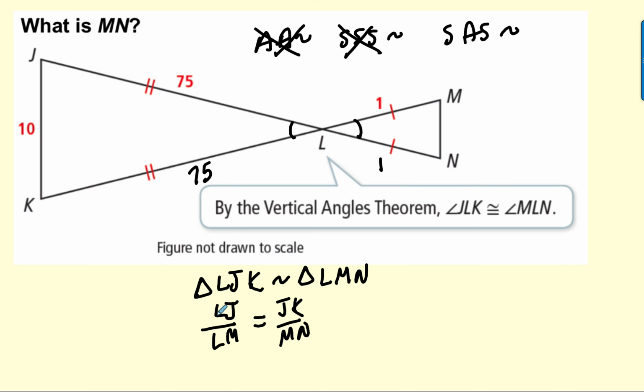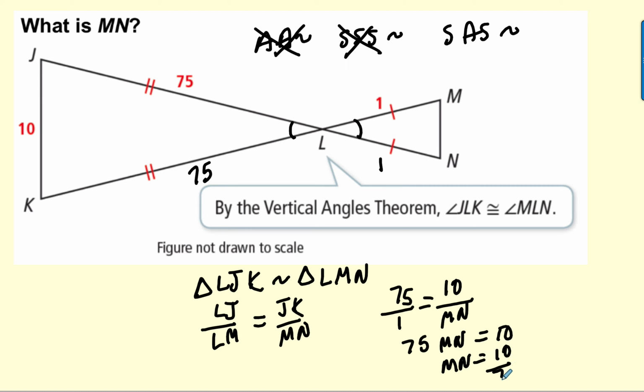And LJ is 75 and LM is 1 and JK is 10 and MN is what I'm looking for. So I'm going to cross multiply. 75 MN is equal to 10. So MN is equal to 10 over 75, and I can reduce. 5 goes into there 2 times, 5 goes into there 15. So I know this length is 2/15.